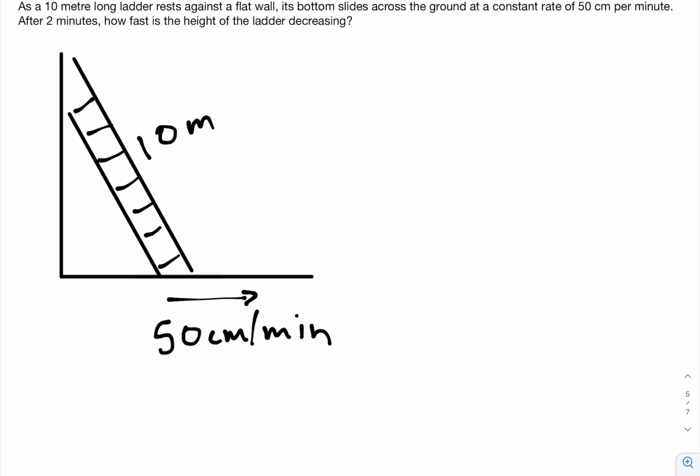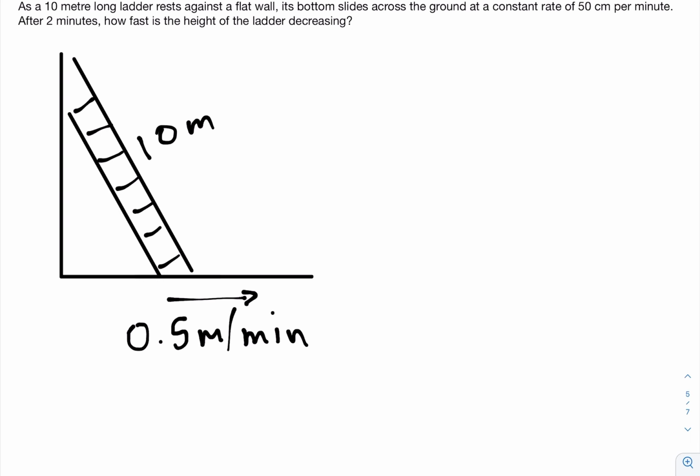So since 50 and 10 are decently big numbers, let's make 50 0.5 meters per minute. Right, because 50 centimeters is really just half a meter. So 0.5 meters per minute. Instead of writing 100 or 1,000 centimeters for the ladder, that wouldn't really make much sense. So after 2 minutes, how fast is the height of the ladder decreasing?